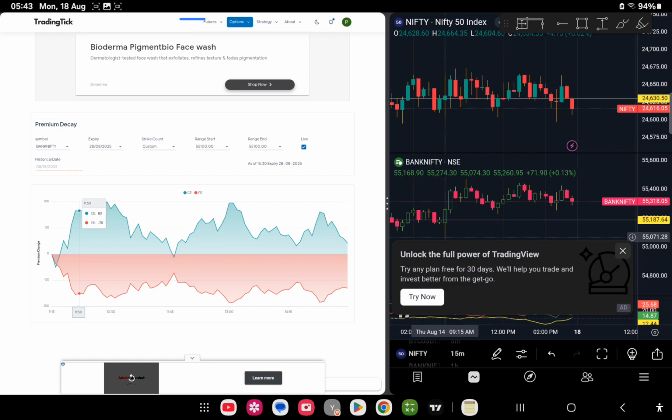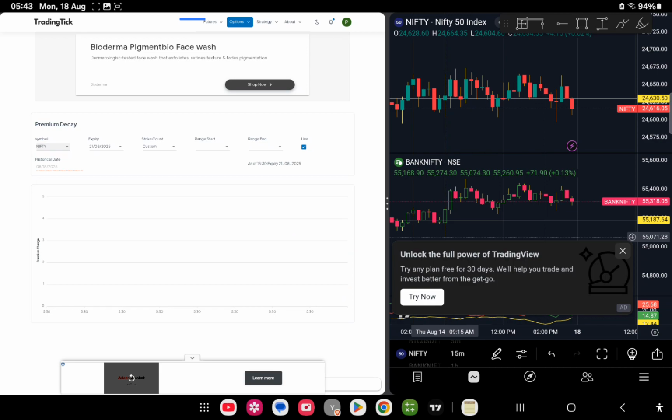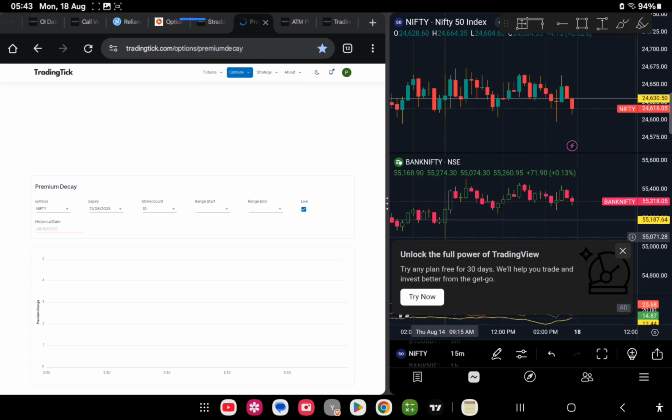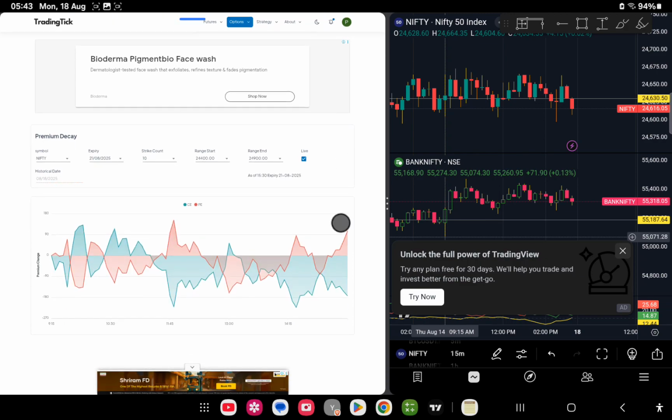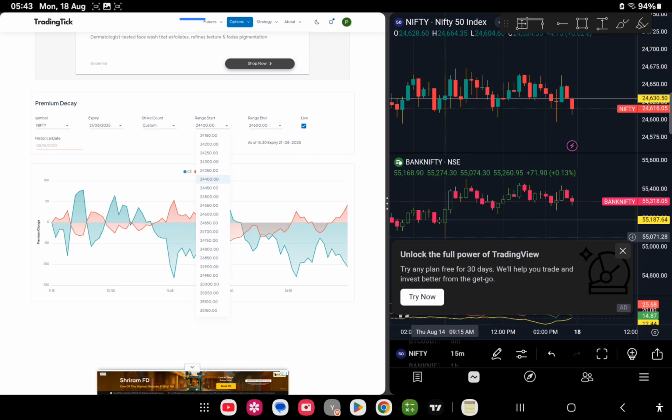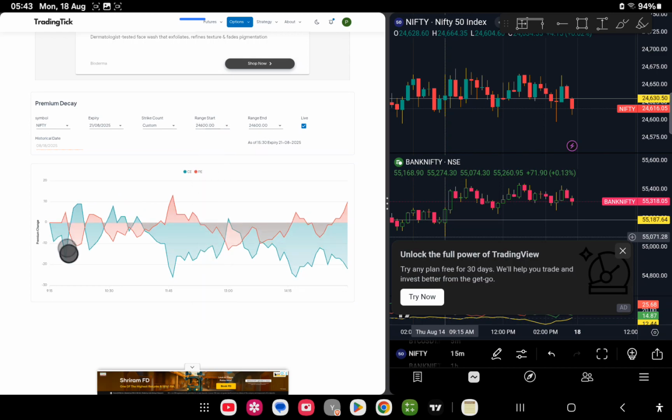Okay, now we'll move on to Nifty. So this is Nifty. Let's take the Nifty open 600. Here you could see how sideways it was, and the buyers were not getting a chance, and it was a complete seller's day.